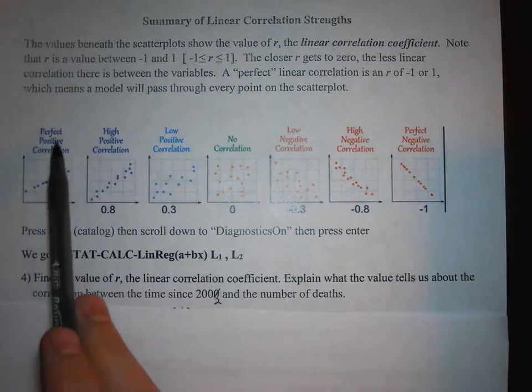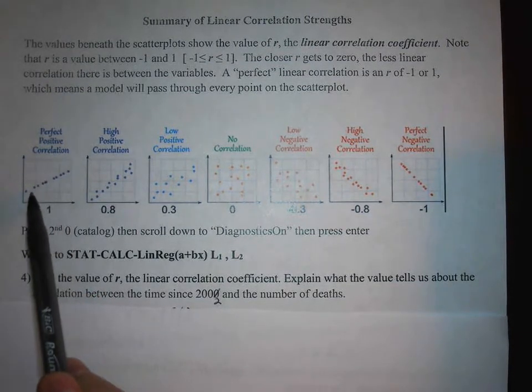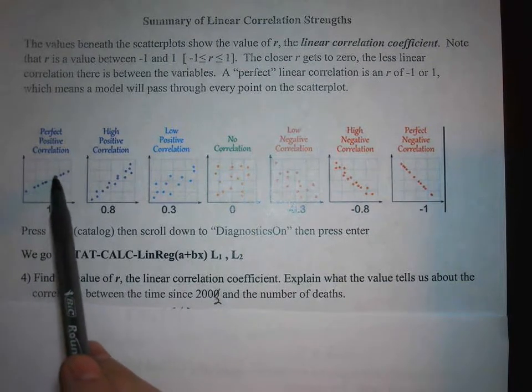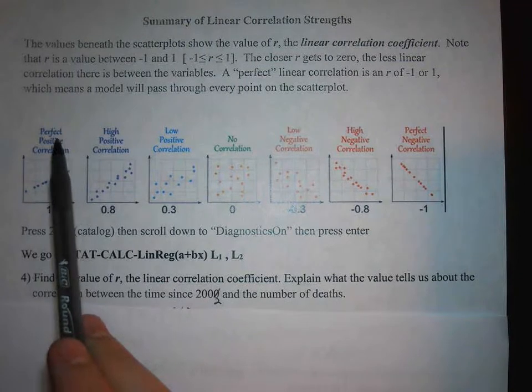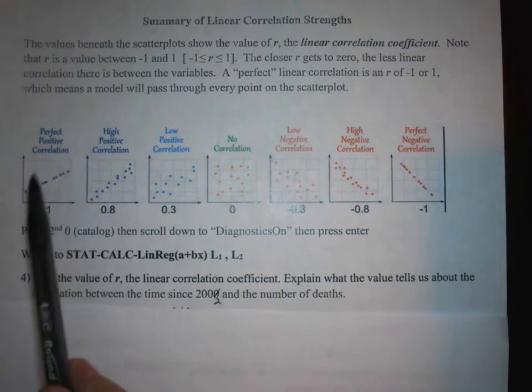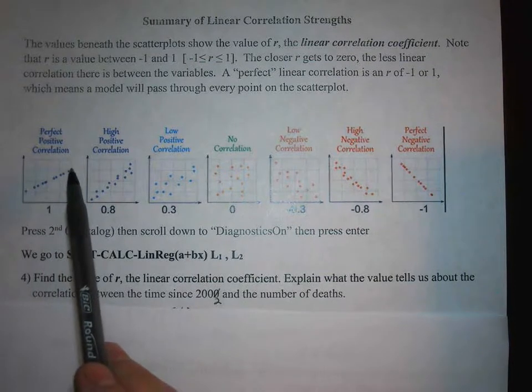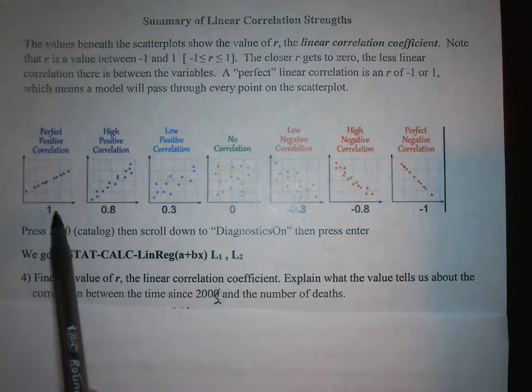A perfect positive correlation: positive because the points seem to be increasing, so going up. Perfect because if you were to draw a line, that line would pass through every single point. So that data set would have an R value of 1.